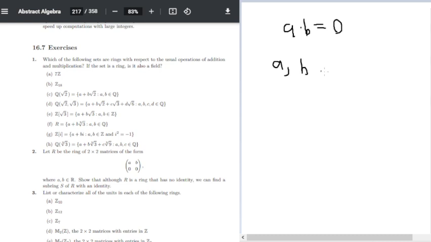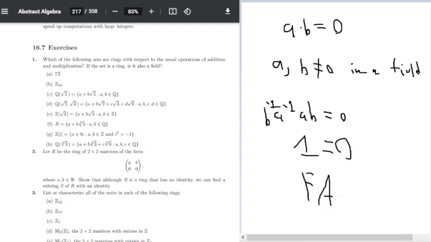Then b inverse, a inverse, ab is equal to 0, which gets us that 1 is equal to 0, which is false because we assume our ring has unity and so has an element 1 that is different from 0. So basically every field, because of this, is an integral domain.